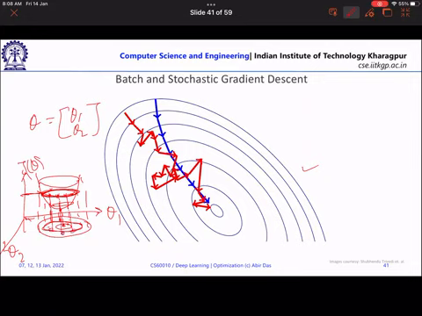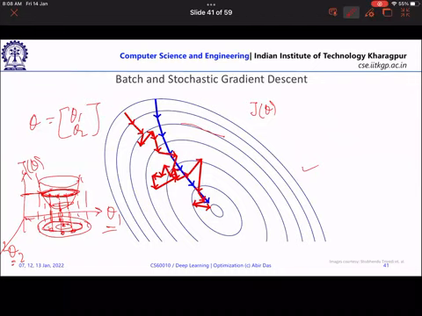These theta 1, theta 2, etc. are different, but the value of J theta for all of them is the same. Theta 1 and theta 2 are just the components, as I said. This is the significance of how a contour plot is defined.